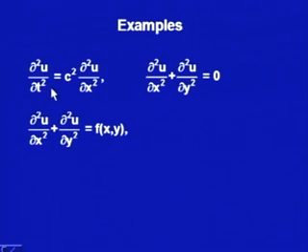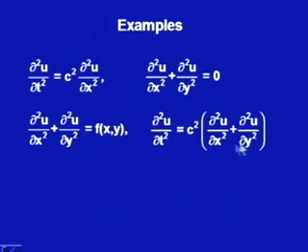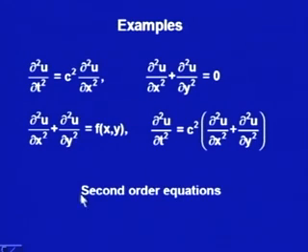You remember that this is our one dimensional wave equation, this is the two dimensional Laplace equation, this is the two dimensional Poisson equation. The highest order derivative occurring is of the second order. Similarly, this one is the two dimensional wave equation. So, the order of all these equations is the second order.